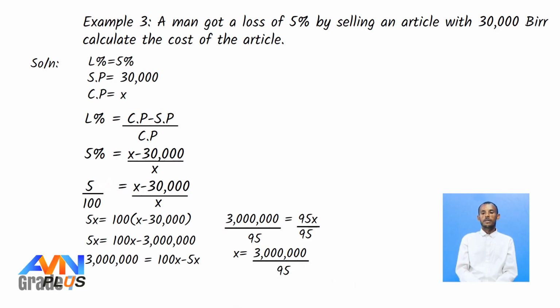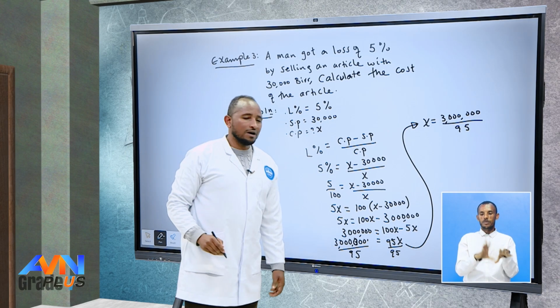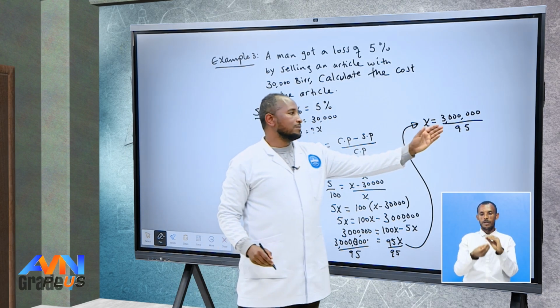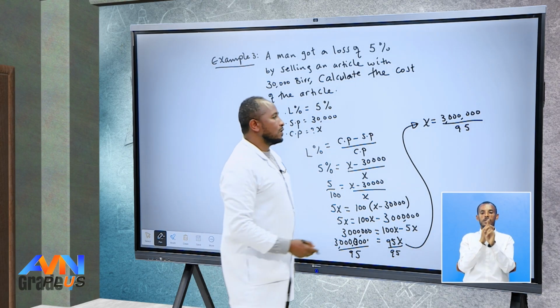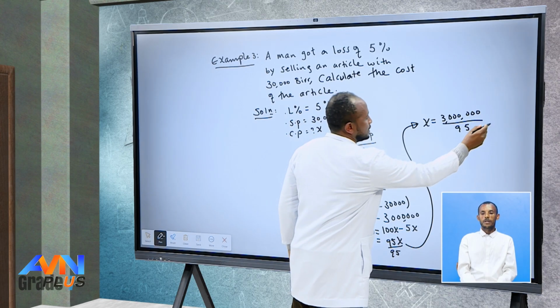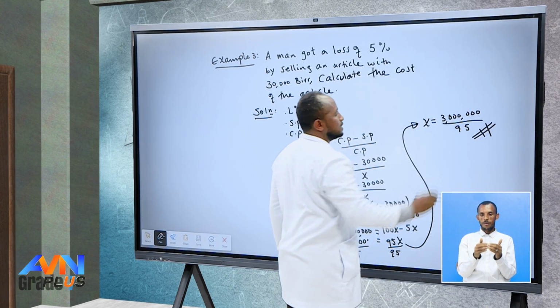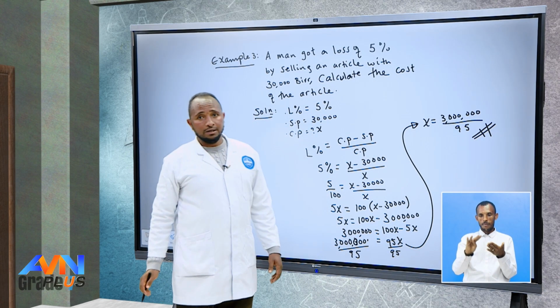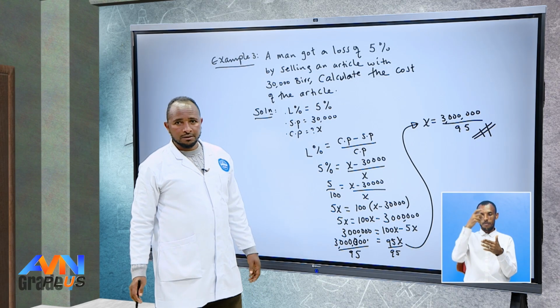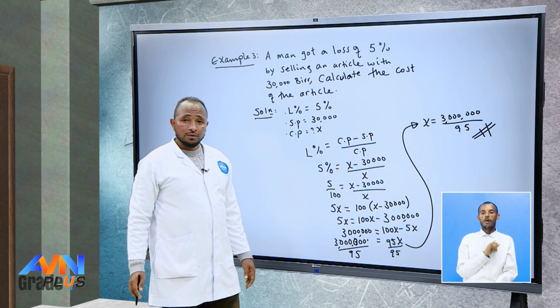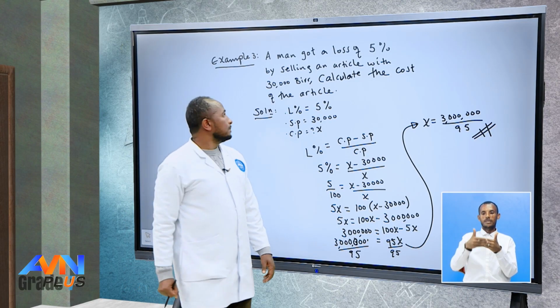This will be the answer. Please, students, just divide this 3 million by 95 at home, but I'll leave the answer in this form. So the cost price is 3 million divided by 95, the cost price of this article. I'll proceed to the next example.